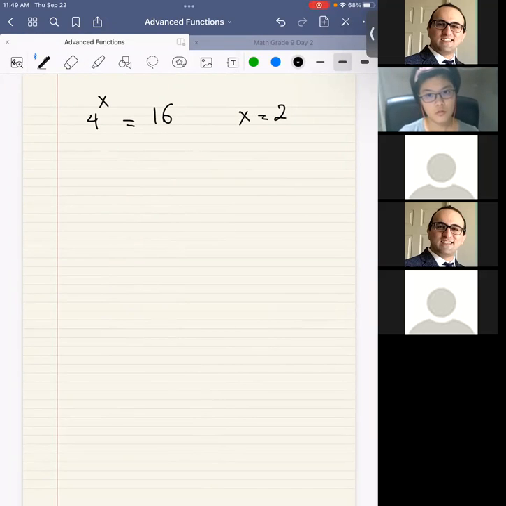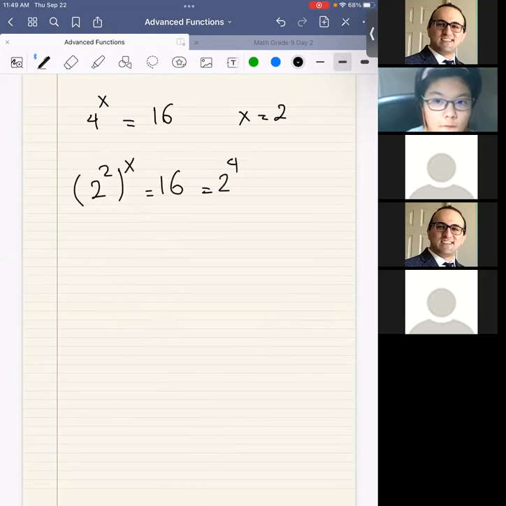Another way to get this solution is you can write 4 as 2 squared. So we can say that 2 squared to the power x is equal to 16. But we know that 16 is 2 to the power 4, okay?